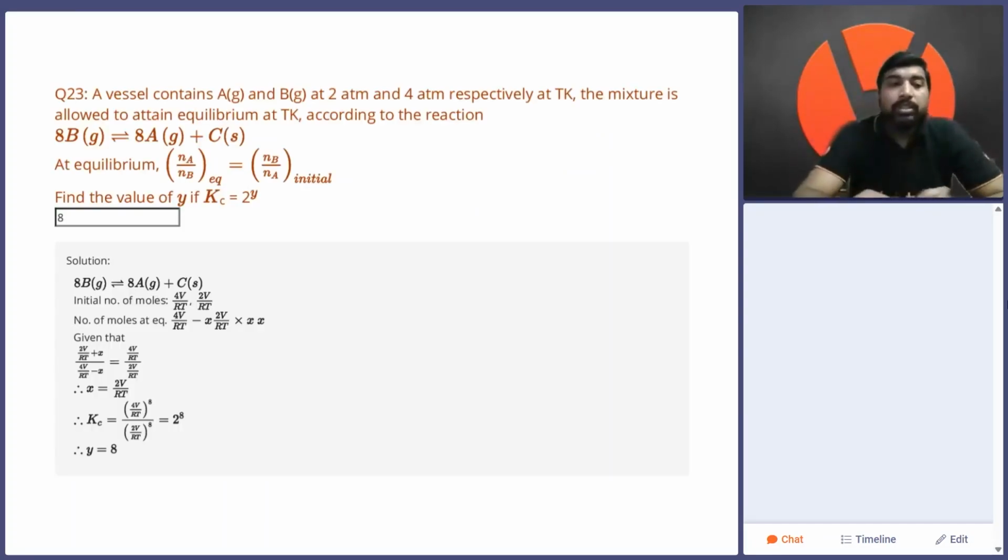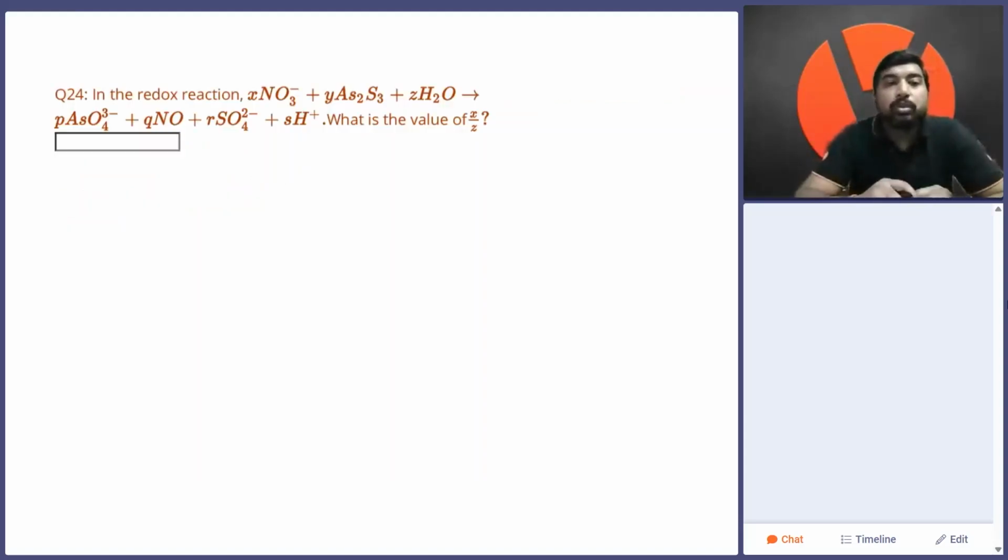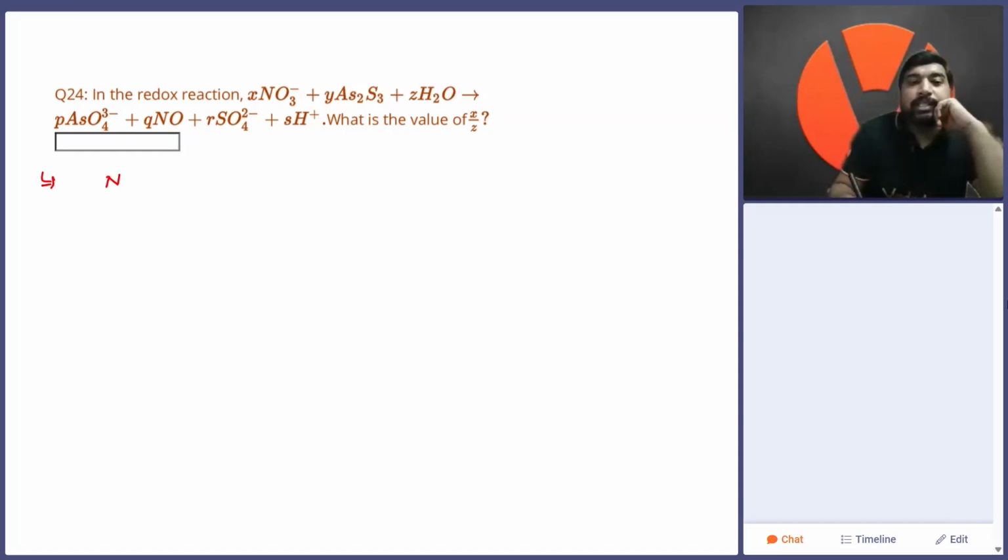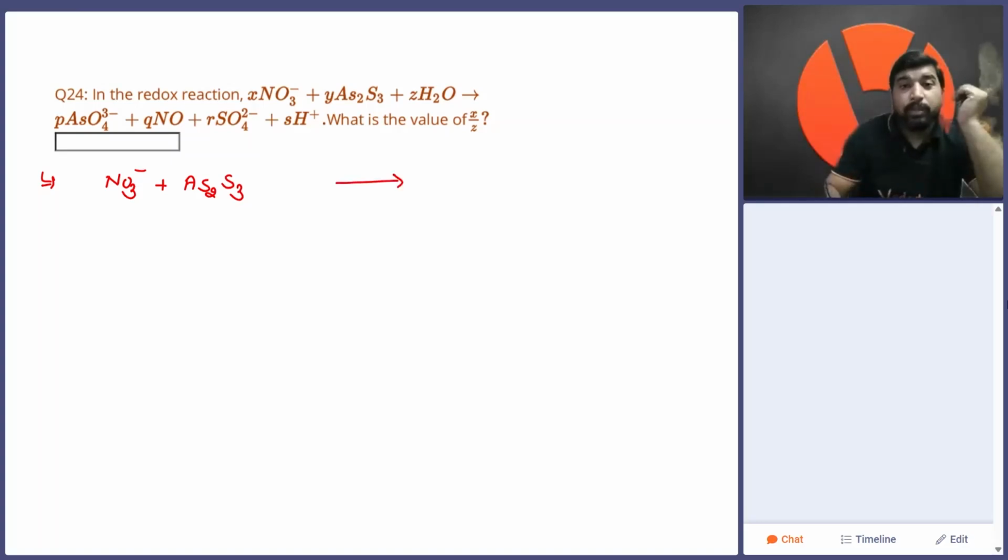This is the question number 23, but we just need to discuss the question number 24. So for the question number 24, the given equation is NO3 minus plus As2S3, it will give AsO4 3 minus plus NO plus SO4 2 minus.